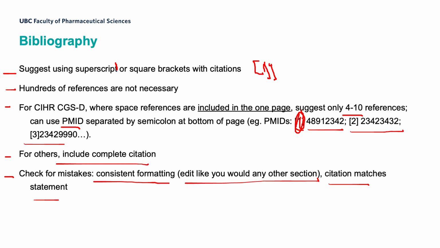If it's reference 2, look back in the text and make sure, yes, this is the paper I meant to match that specific in-text citation, because oftentimes you might rearrange things. That's a common source of errors, not just in proposals but also when you're writing up articles. That's a good tip as well: look at and edit your bibliography too.